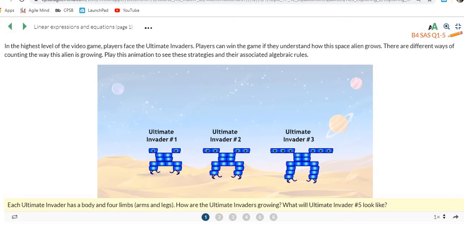It's growing 4 body parts each time, so we're going to write what's different is adding 4 body parts. And where are those body parts going? 2 of them are going to the legs, and 2 are going to the eyes. So that's what we're seeing is happening to each invader.